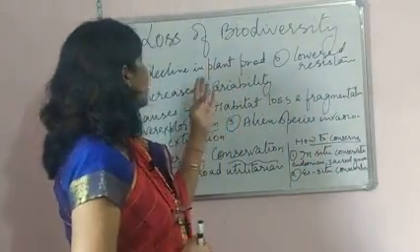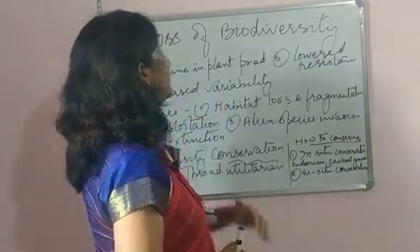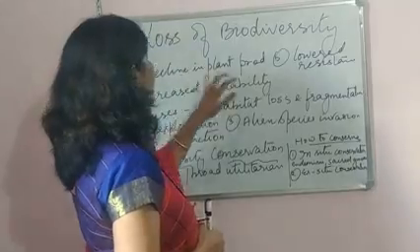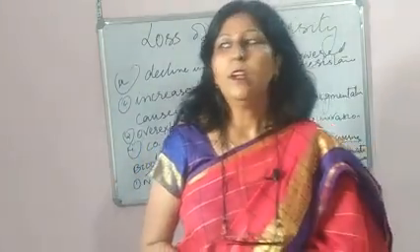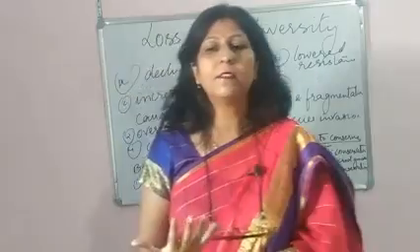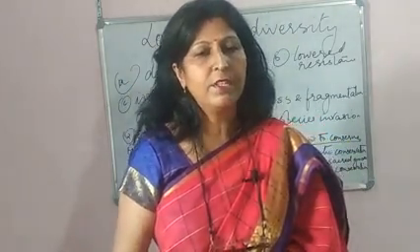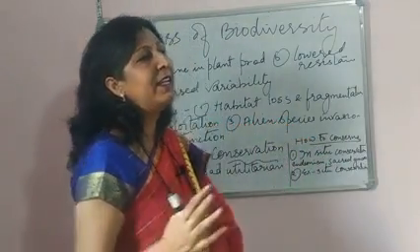And now when I talk about this loss of biodiversity, what does it add to? So the first one is decline in plant production. When the biodiversity is lost, definitely the number of plant species in a particular area also decreases, and you have the same sort of plants everywhere. You do not see the varieties of species.